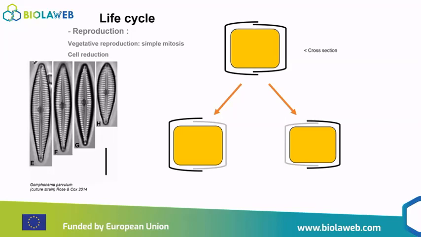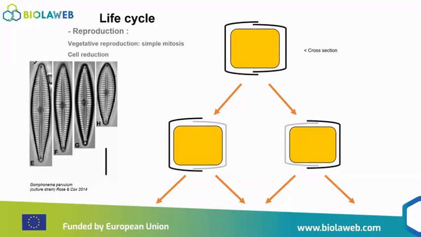And so if you have several mitoses along the days, days after days, in fact, you will have a cell size reduction from the mother to the daughter. That's what you can see here. This is a paper of Elaine Cox and Rose, one of her PhD students. What they did is something which is quite well known since a long time.